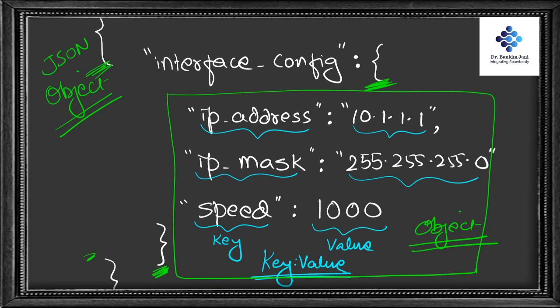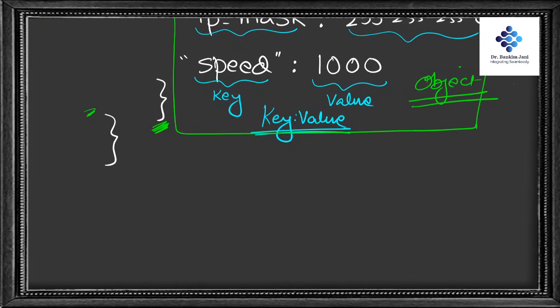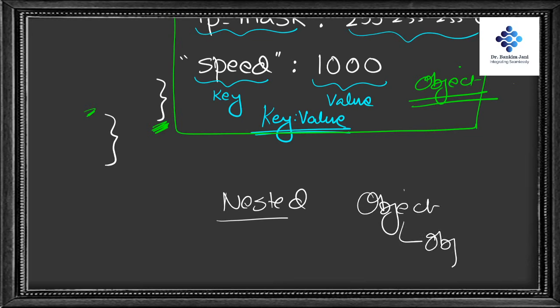This is what is called nested. What nested means is that when we are creating an object in an object, that is called a nested system.